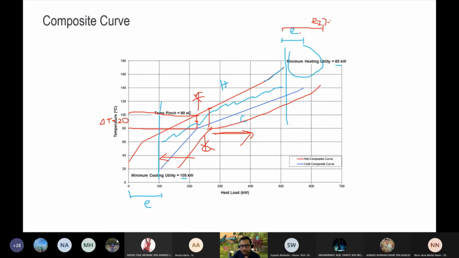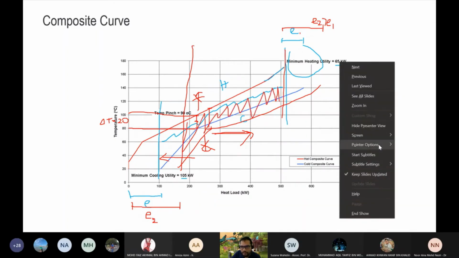That means if we put it to the right, we will need more heating utility. The same goes with the cold utility. We need to discharge a larger amount of heat to the environment, and the area where we do the heat recovery will become smaller.